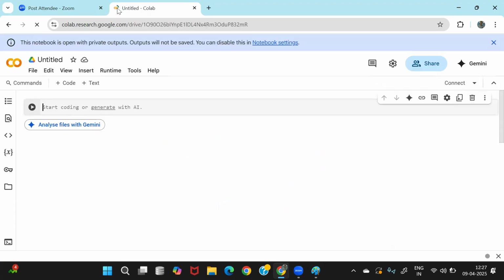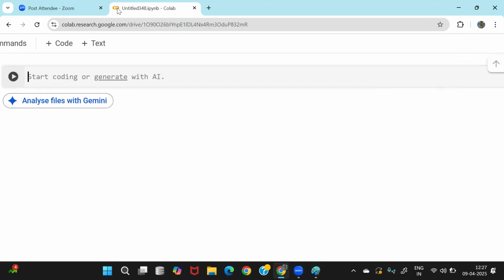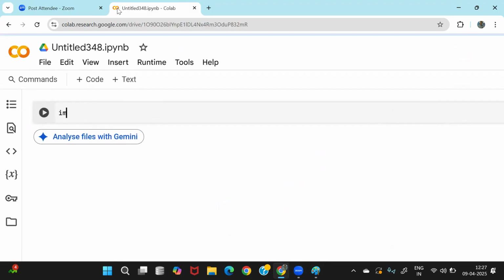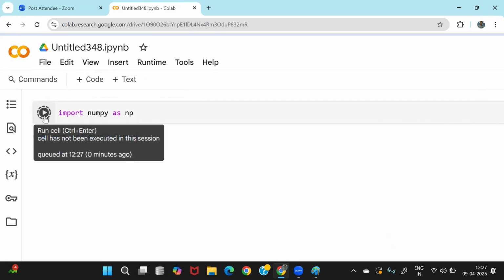You need not install anything, you can directly use it. It's a cloud resource. Import a module called numerical Python as np. I will do it for a specific example.